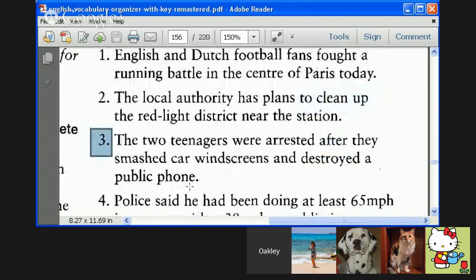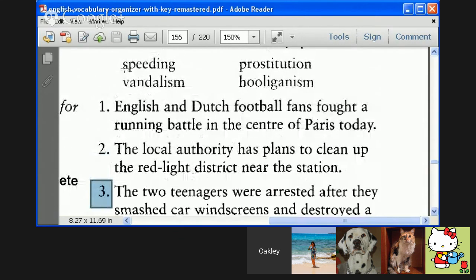Monica, number 3. The 2 teenagers were arrested after they smashed car screens and destroyed a public phone. This is vandalism. It is.